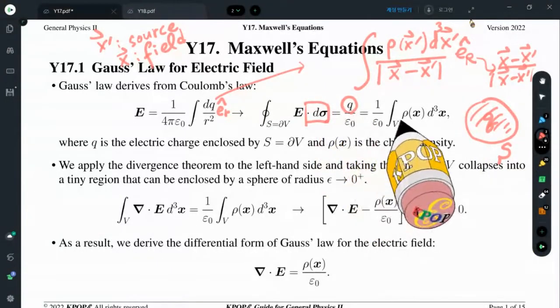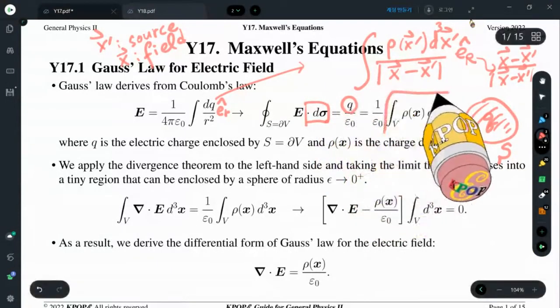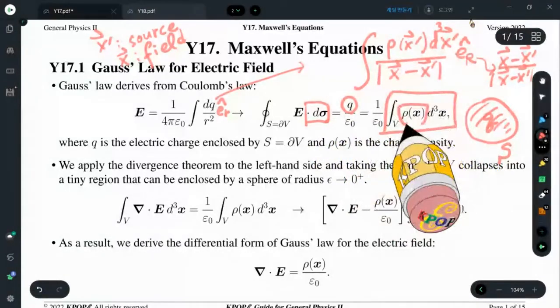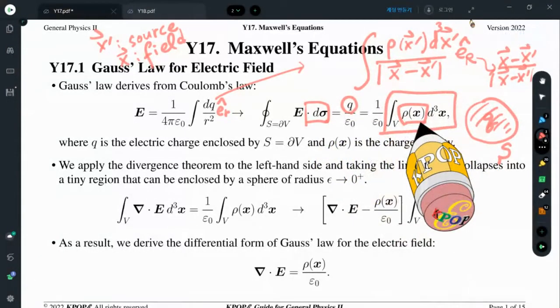And the charge can be expressed as the integral over space of the charge density over space.